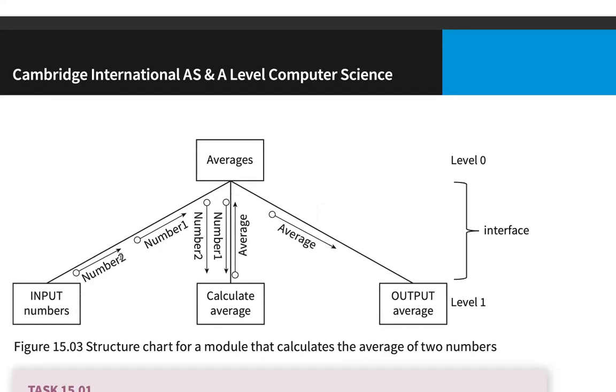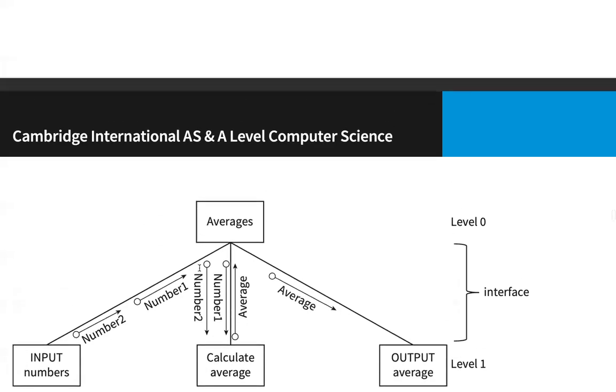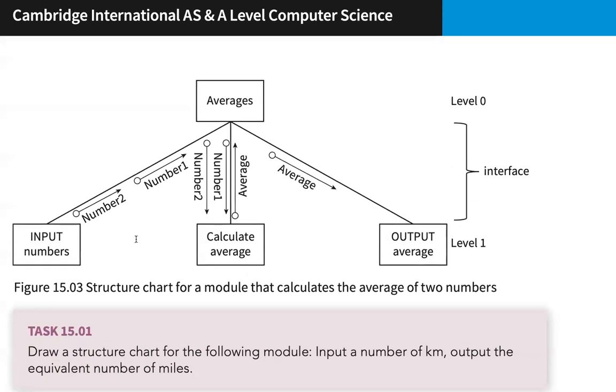I will ignore this arrow and number 2, this arrow and number 1, number 2, number 1, average. All of these arrows are omitted. When you ignore all of these arrows, the remaining diagram that you end up with is a stepwise refinement diagram. Now, if you add the working of parameters within these subroutines, then you will end up with your structure chart.